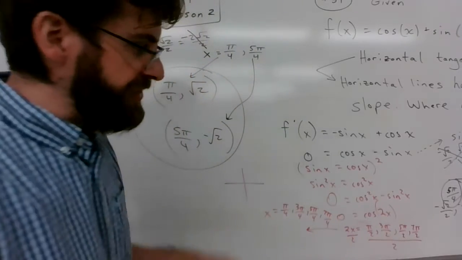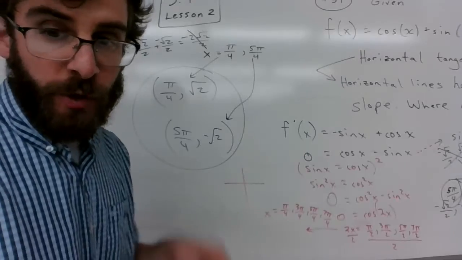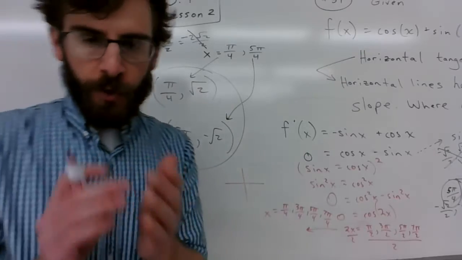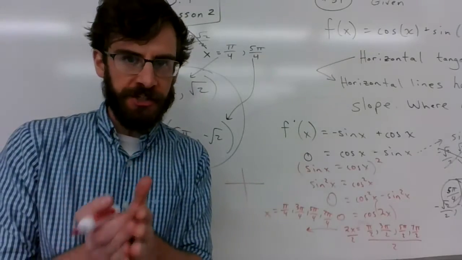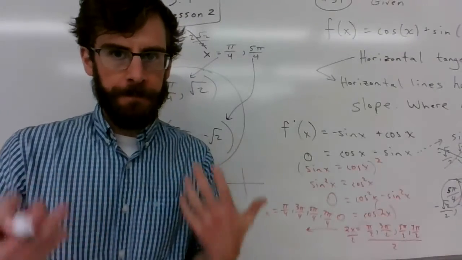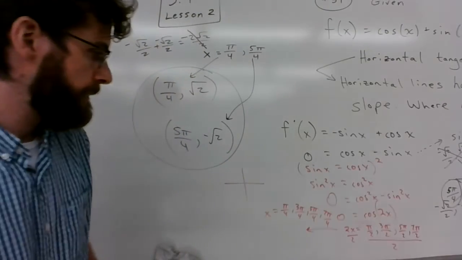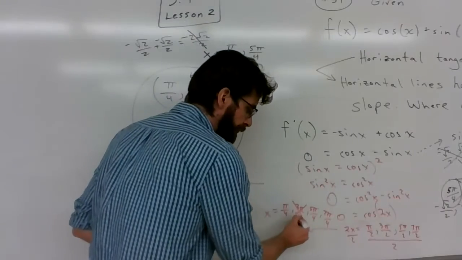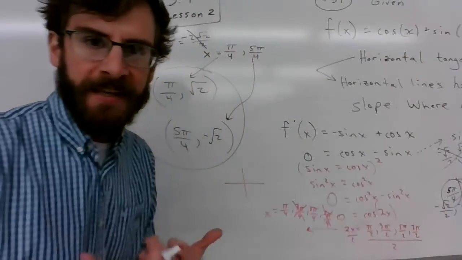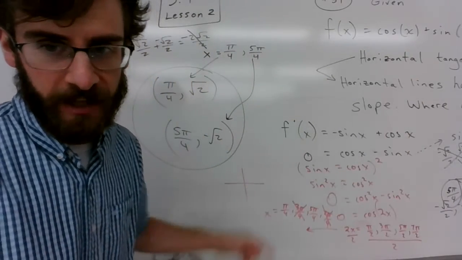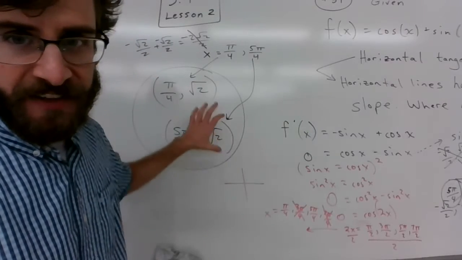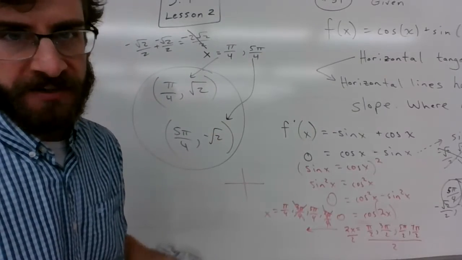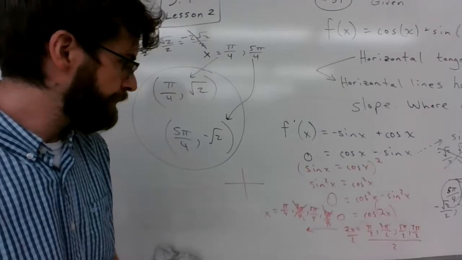And then, since you squared both sides, you have to check all your solutions, because squaring something fundamentally changes what that equation was to begin with. So the 3 pi over 4 and the 7 pi over 4 end up being extraneous solutions, and you're left with pi over 4 and 5 pi over 4, to get these same answers using the same process of plugging back into the original.